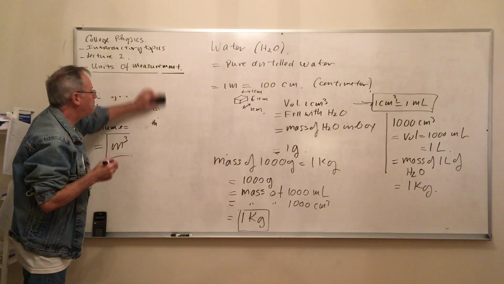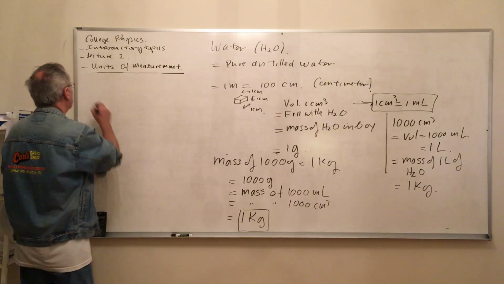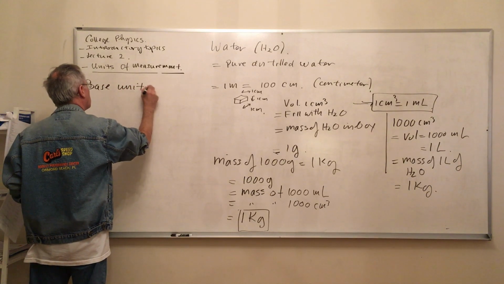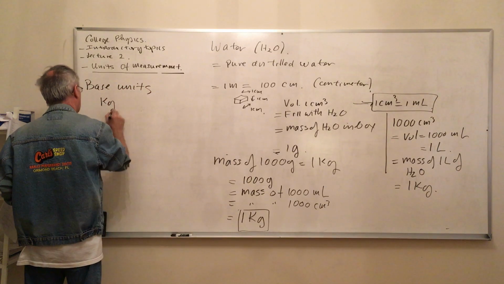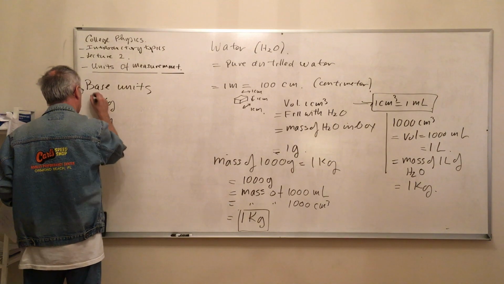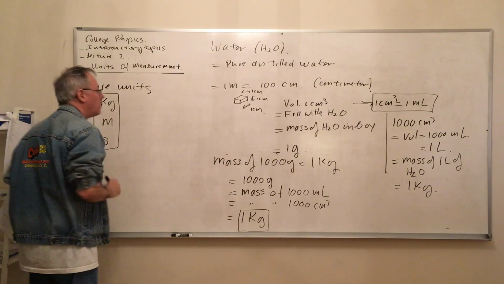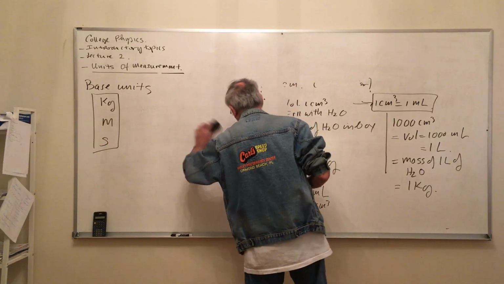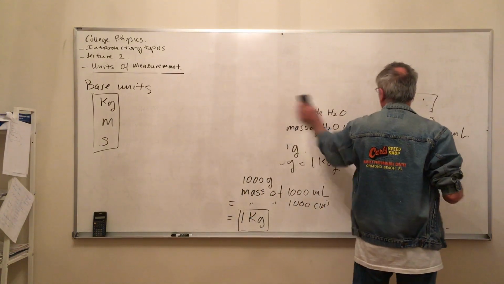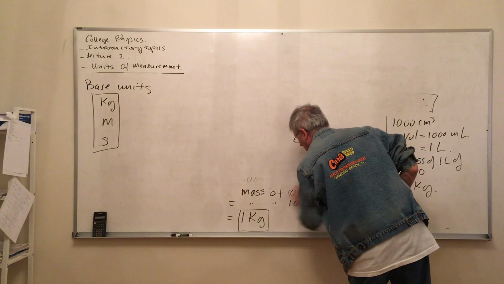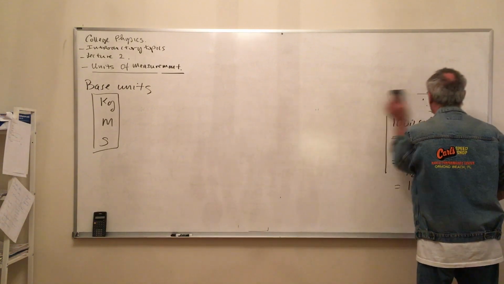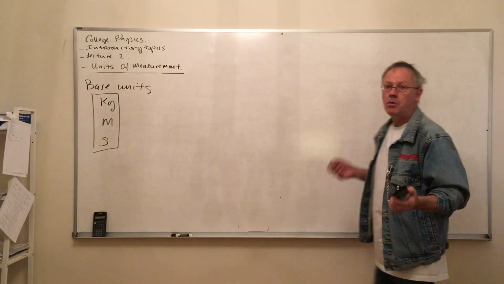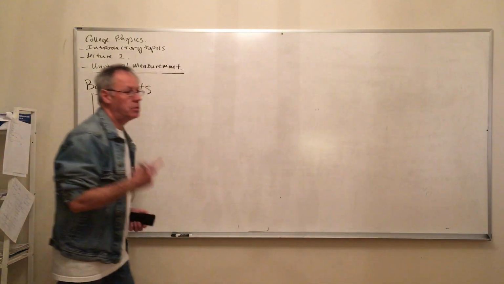Now we're going to take these base units, the kilogram, the meter, and the second, and find multiples and fractions. Let's just do the gram. Actually, let's do the meter.